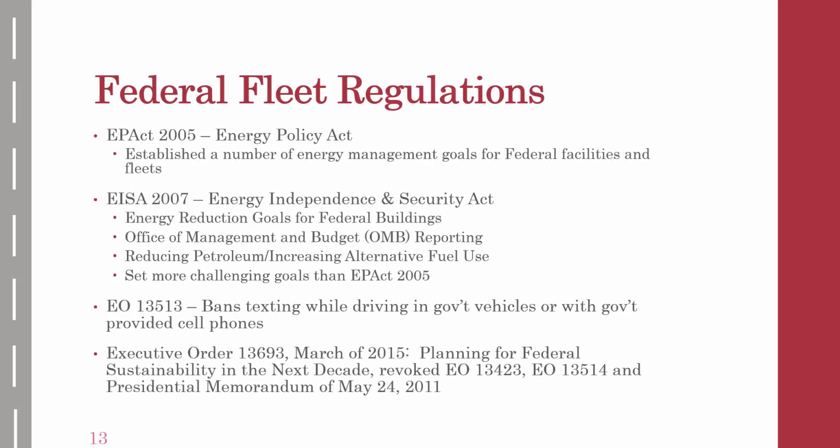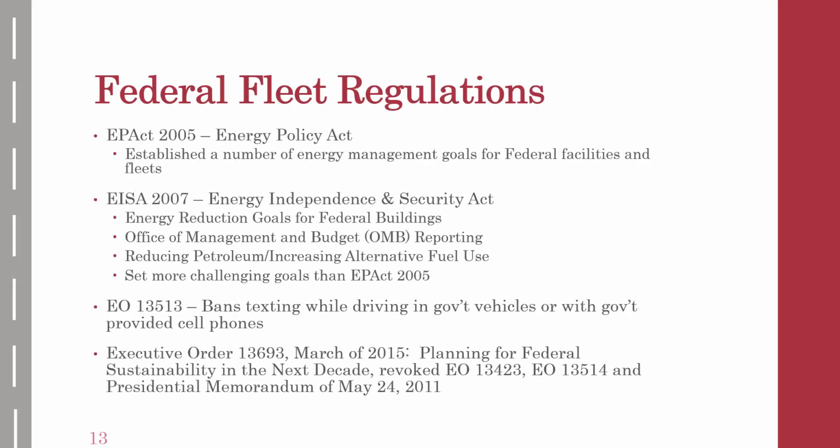So here are some statutes. The Energy Policy Act of 2005 established a number of energy management goals for federal facilities and fleets. The EISA 2007 is the Energy Independence and Security Act, and that was aimed towards energy reduction goals for federal buildings.